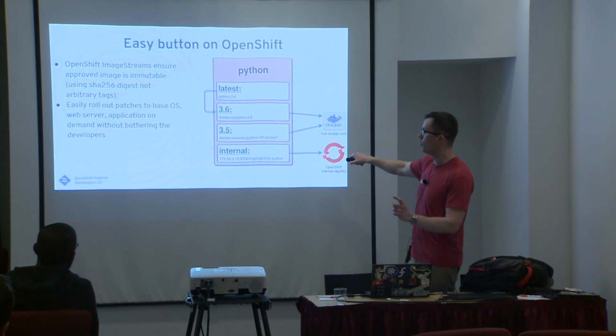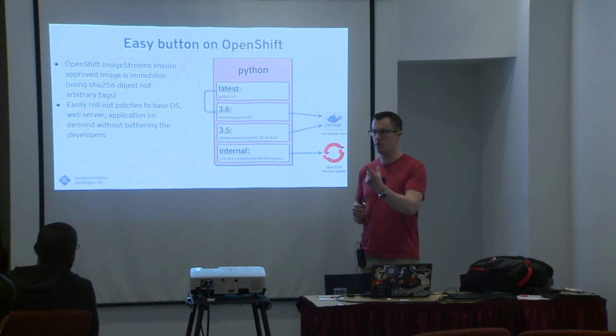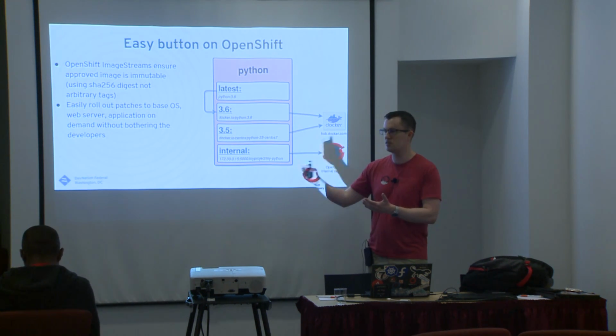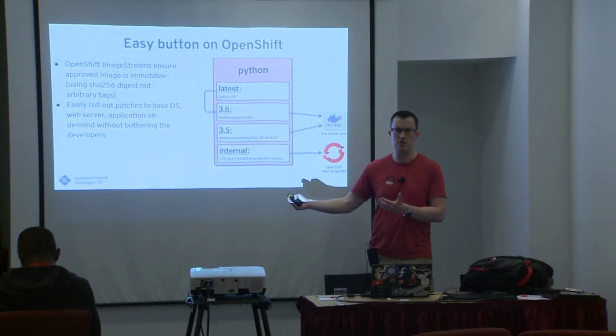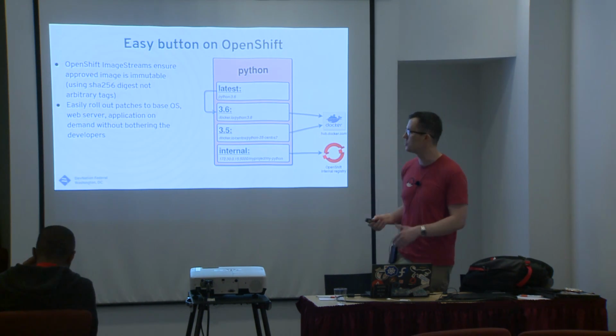It's doing two things here. One is it's taking care of the arbitrary tags issue. The image stream is polling the registry and getting the SHA-256 hash. So when I spin up one instance or 1,000 instances of this image, they're all generated from the same hash. It doesn't matter if there's been an update to that image in the back end, it's pulling the SHA-256 hash.